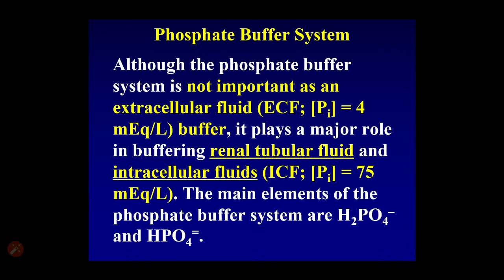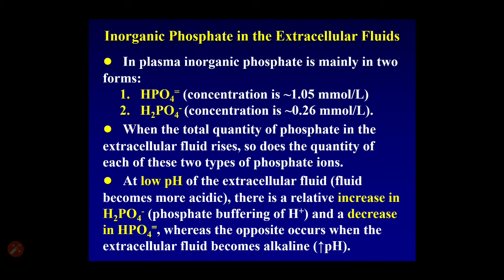The main elements in the phosphate buffer, like we said, are H2PO4 and HPO4. What determines how much I'm going to have of one versus the other is again pH. If I have a lot of H+ and a very low pH, HPO4 will react with H+ to give me H2PO4. Under normal circumstances the concentrations of HPO4 versus H2PO4 are about that much, but the amount of each I'm going to have will depend upon the concentration of H+ in the body fluids.